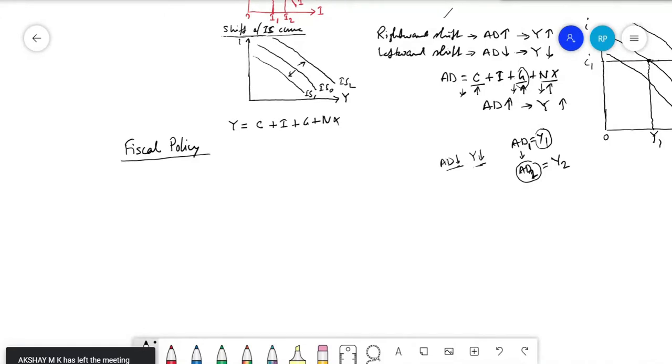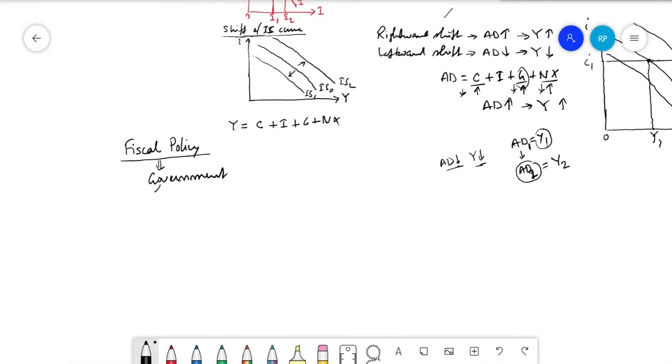Fiscal policy, I have already given you one introduction. Fiscal policy is basically formulated and implemented by the government of that particular country, the country you are discussing. Fine.